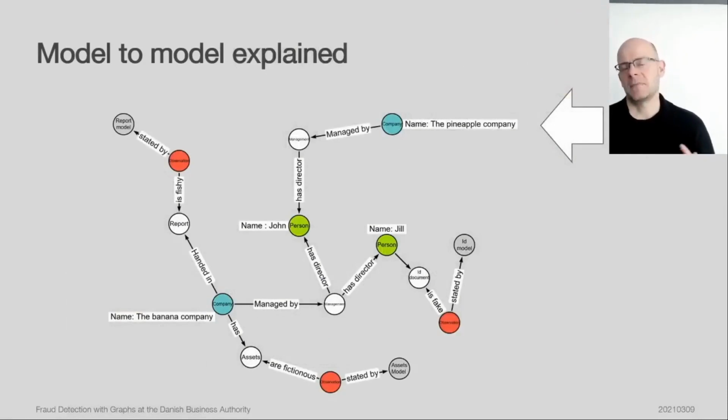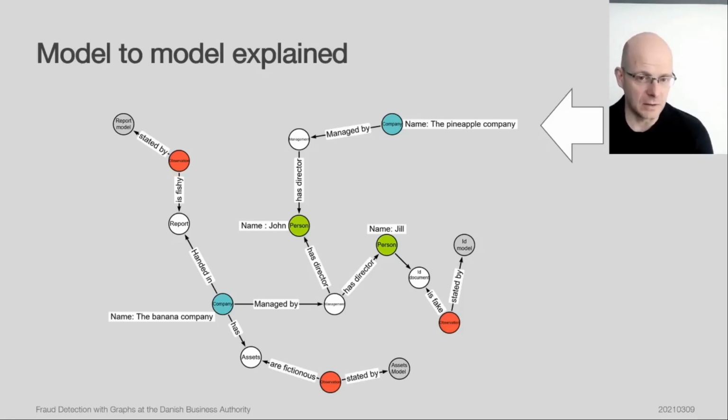So I'll just explain this principle of model to model. Here we have a tiny little graph showing, in the middle, the pineapple company which is being formed, and we need to have an idea of the risk of this company being formed. We can follow the arrow and see that it's being managed by John, the director.